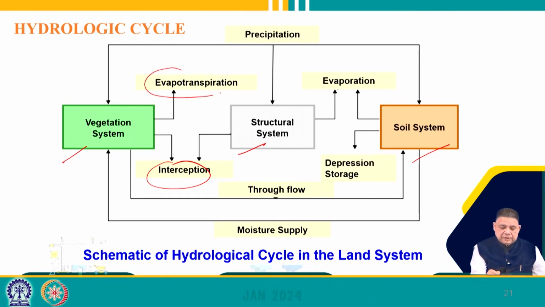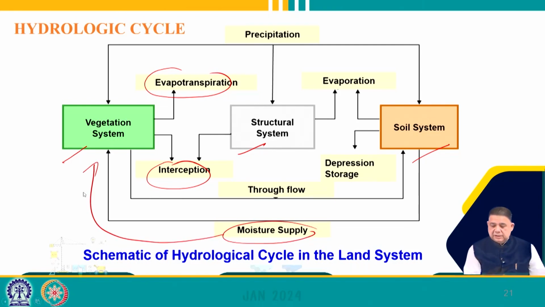Throughfall from the vegetation system goes to the soil system, and from the soil system moisture supply is available to the vegetation system. Evaporation occurs from the structural system as well as the soil system.